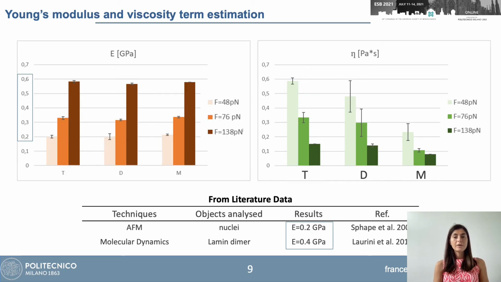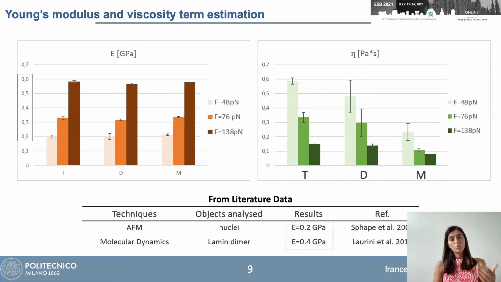On the left, the Young modulus, and on the right, the viscosity parameter for all the analyzed configurations and for all the 3 applied force values. In general, it was possible to observe that the Young modulus is about 0.4 gigapascal and that this result is almost consistent with all the data from the literature obtained via both experimental and computational methods.